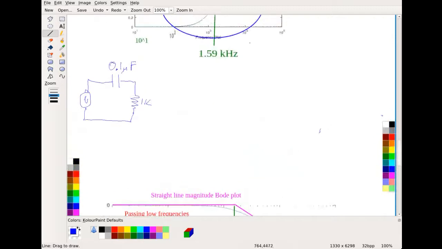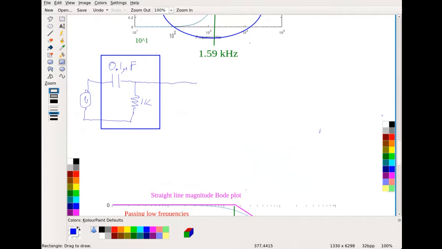Okay. So if we take this high pass filter up here, but now I'm going to connect to it, I'm going to take this high pass filter and then I'm going to put a resistor here.